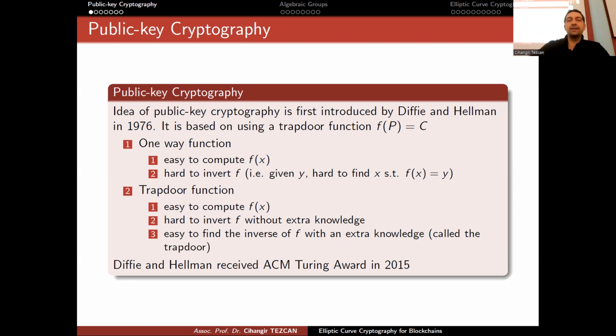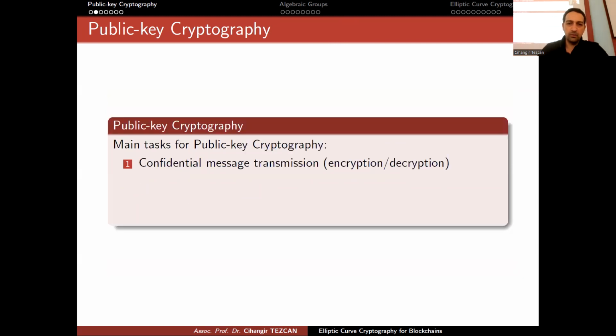So they came up with the idea and introduced Diffie-Hellman key exchange, but they didn't produce an encryption algorithm. So they gave the idea for such a function, but they didn't produce such a function. And RSA is actually one of the first examples of such an encryption algorithm. But we won't be using them much in this lecture.